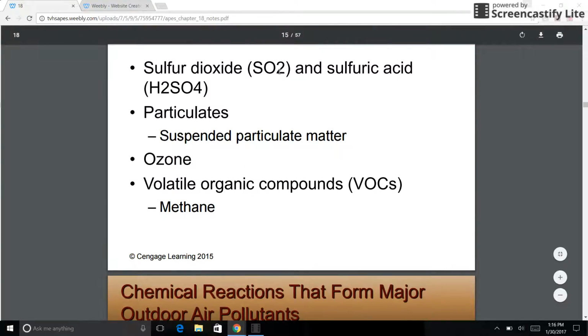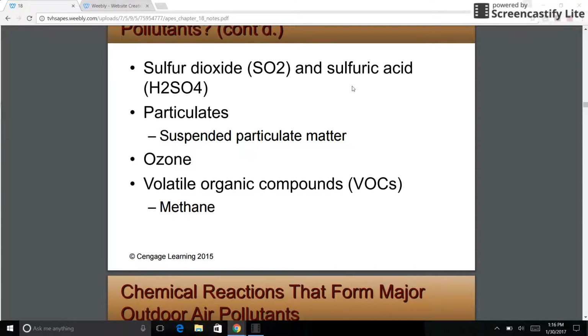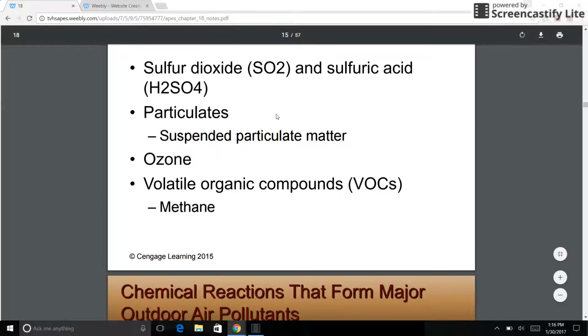Sulfur dioxide is a third criteria pollutant. It's also a precursor to a secondary pollutant, sulfuric acid. This one is more commonly an issue when we talk about acid deposition or acid rain.